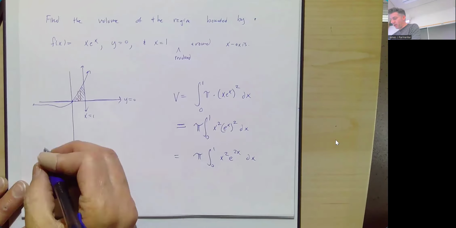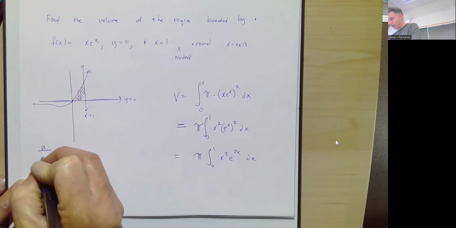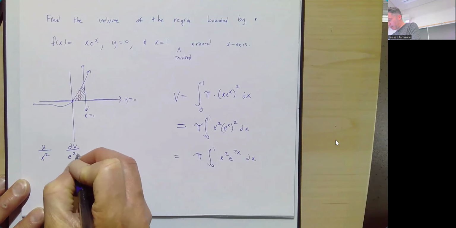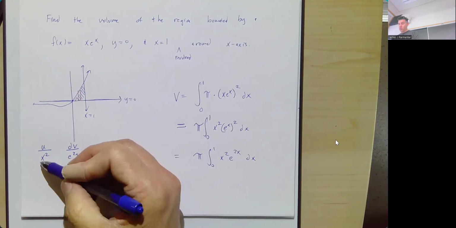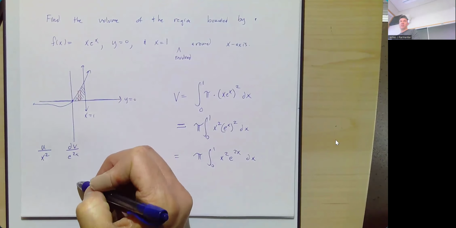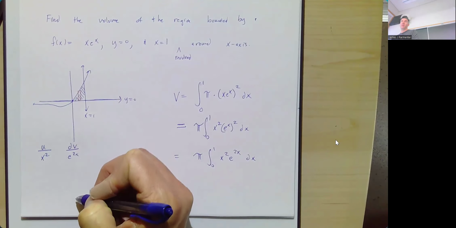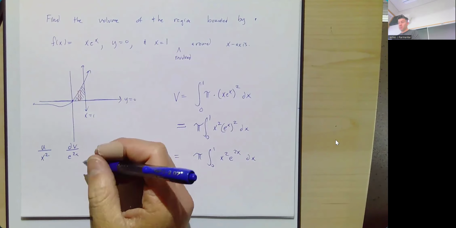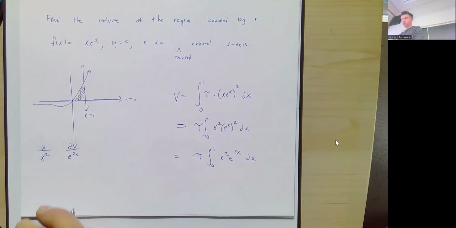So off on the side, I want you all to start with a u of x squared, a dv of e to the 2x. Find all the derivatives until you get to 0. Find all the antiderivatives until you've done the same number. Your antiderivative should divide by 2 every time. And then after that, plus minus, whatever.